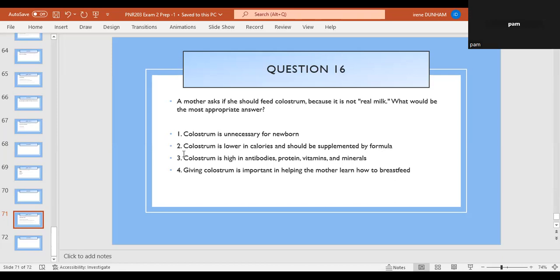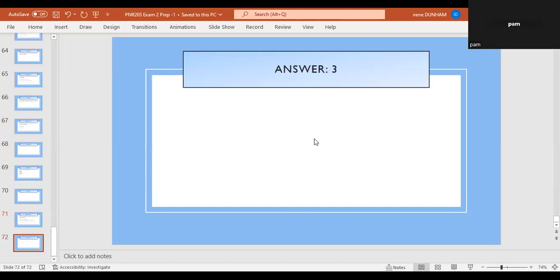No, we don't supplement by formula. Colostrum is high in antibodies, proteins, vitamins, and minerals. Oh, I think I know that one. But let's see what number 4 says. Colostrum is important in helping the mother learn how to breastfeed. Now, I know that colostrum is high in antibodies. It's high in proteins, vitamins, and minerals. So I would choose 3. And that's correct.